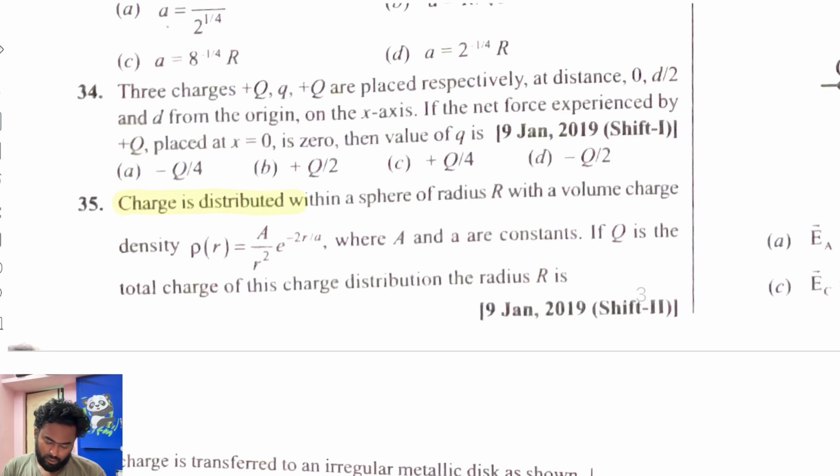Charge is distributed within a sphere of radius R with a volume charge density given. Q is the total charge of this distribution, then R is, okay, total charge. The density is a by r squared e power minus 2r by a.